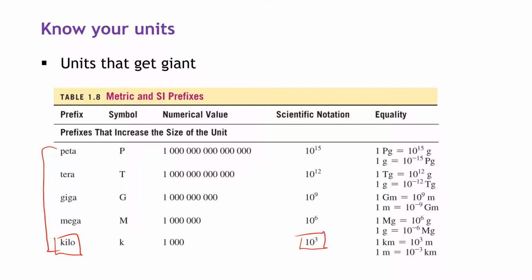So in other words, 1 kilometer equals 10 to the third meters. That means that if 1 kilometer equals 10 to the third meters, 1 meter equals 10 to the negative third kilometers. Same idea as what we just saw, except in this case, the kilo is actually taking the standard unit and establishing a larger unit.